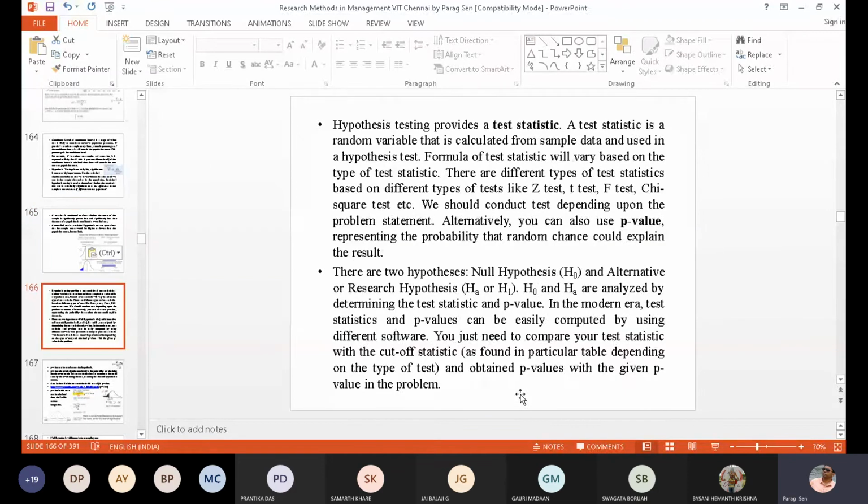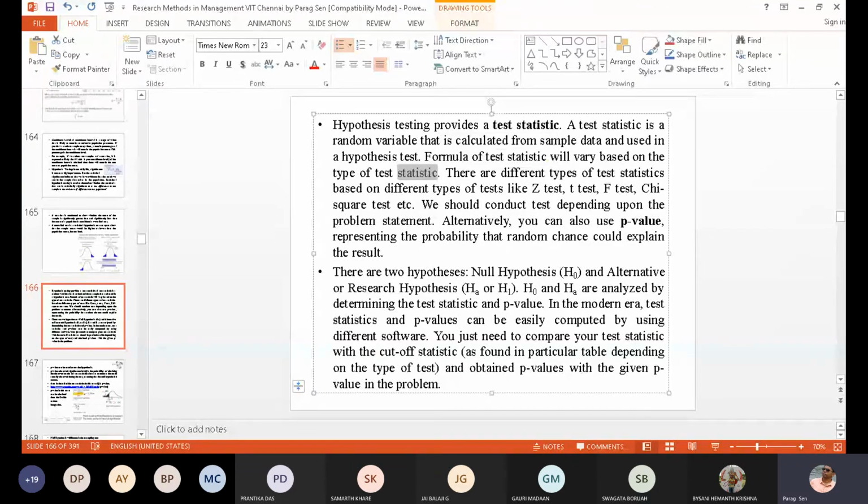You will see. And hypothesis testing will always provide you a test statistic. A test statistic is a random variable that is calculated from sample data and used in a hypothesis test. The formula of the test statistic will vary based on the type of test.